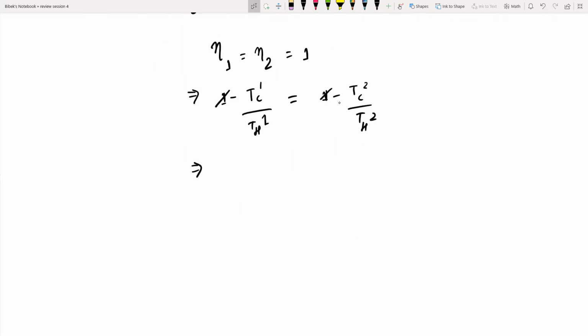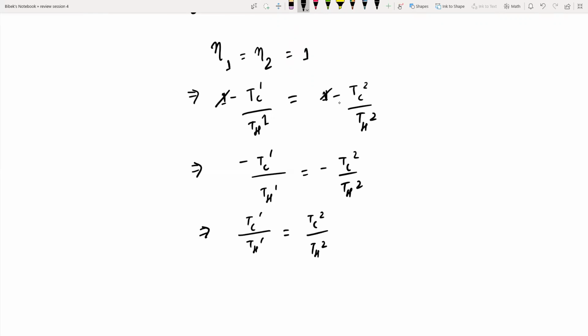And we can also get rid of this negative sign if we multiply with negative 1. So we'll do that in this step. TC2 over TH2, so this and this can be chopped if we multiply with minus 1. So your TC prime over TH prime is equal to TC2 over TH2.